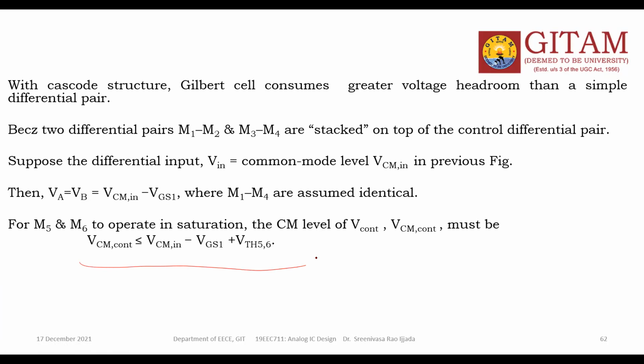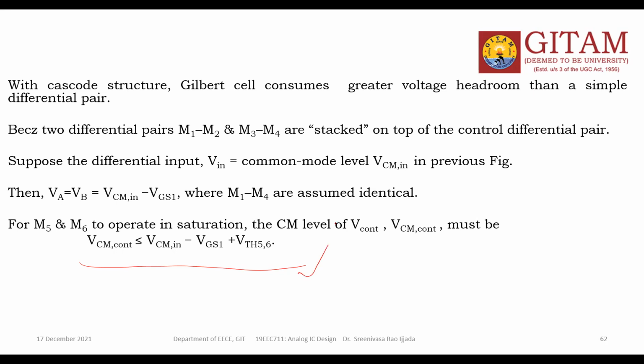What should be the control voltage, and what should be the voltage applied to the differential pairs, the VinCM? Let me work out the relation between the control voltage and the common mode voltage. So this is the condition.